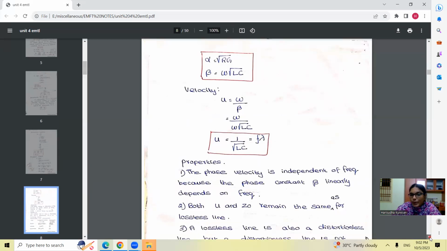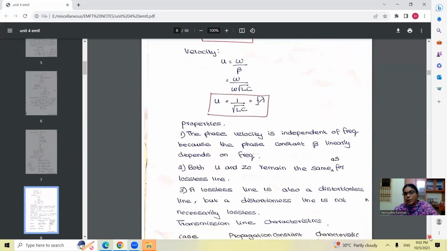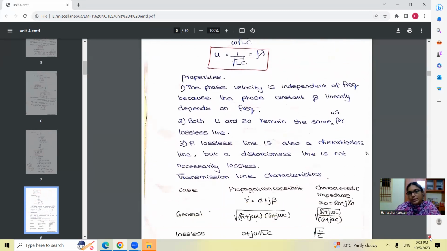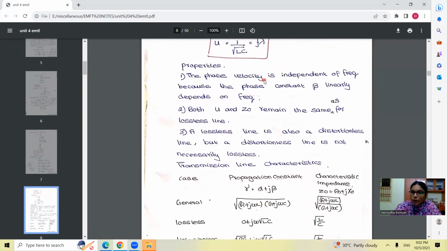So we have seen two special cases. One is the lossless line and the other one is the distortionless line. So what are the properties of both these things we'll see. The phase velocity, what you got, the phase velocity v, is independent of frequency because the phase constant beta is linearly dependent on the frequency.